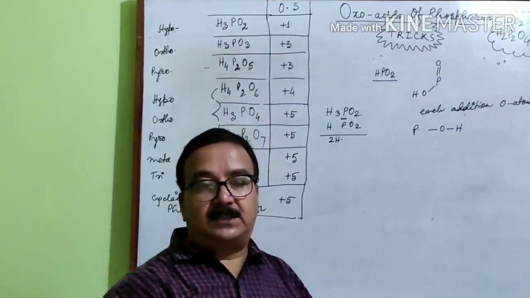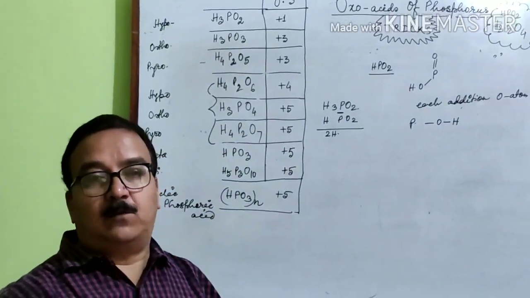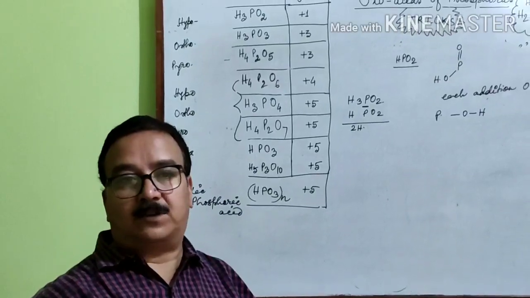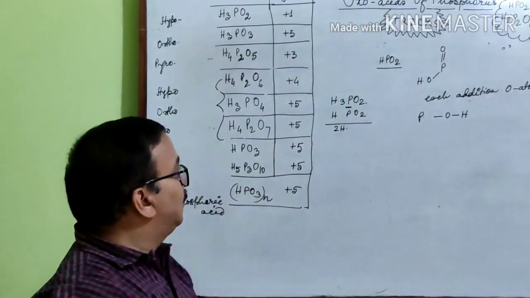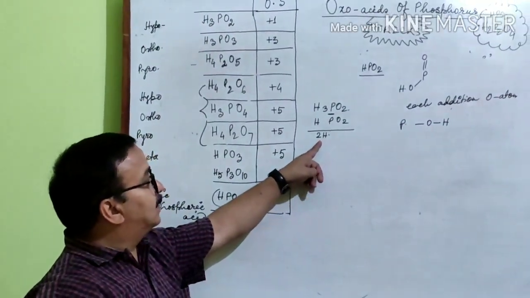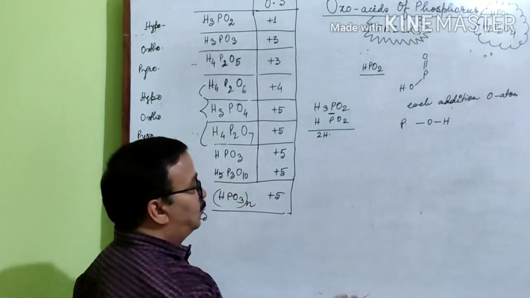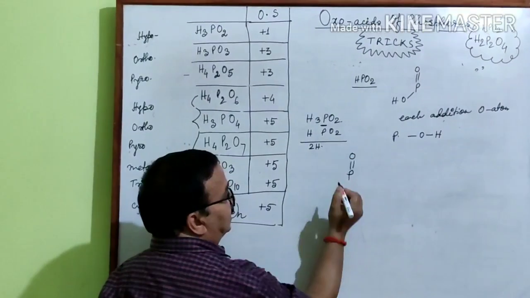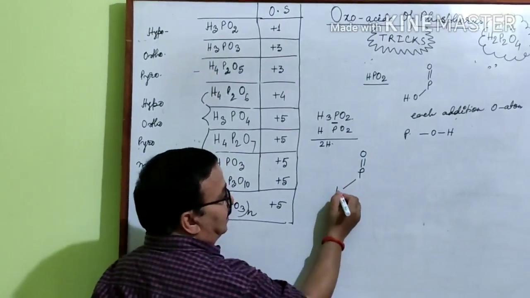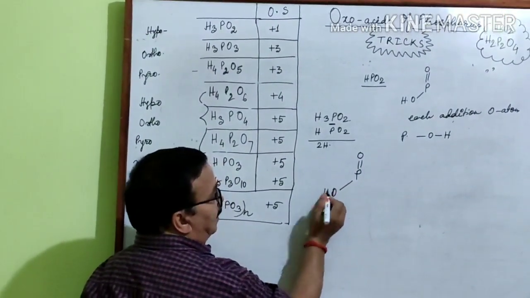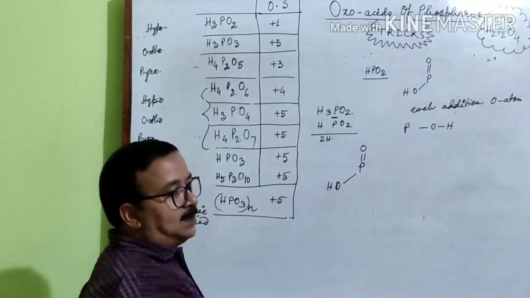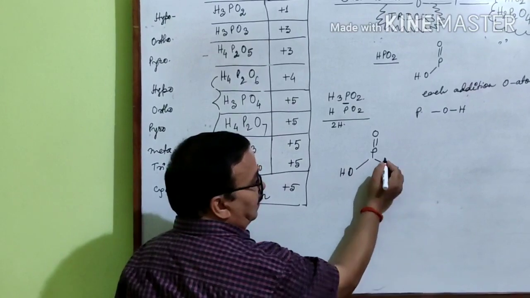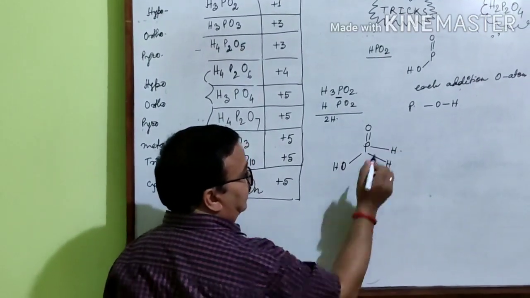Now here the difference is 2H. So first of all, draw the basic unit HPO2. This is the basic unit. Now 2H is there, therefore give 1H, give second H.